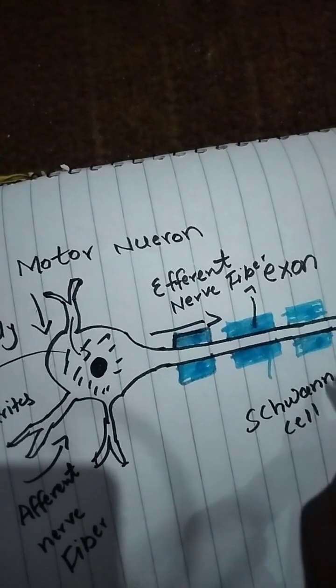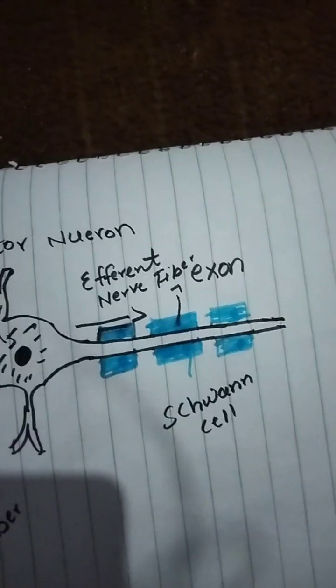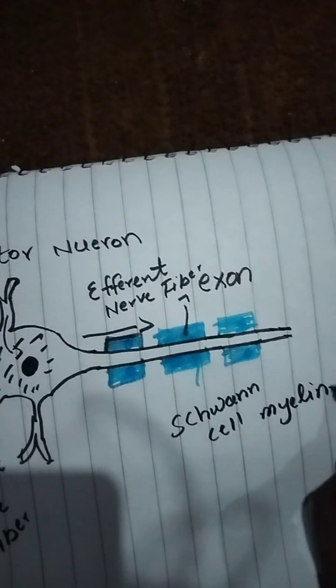These Schwann cells secrete the myelin. What is myelin?